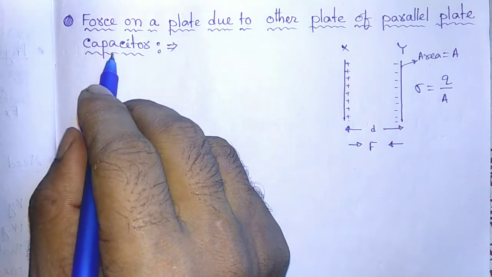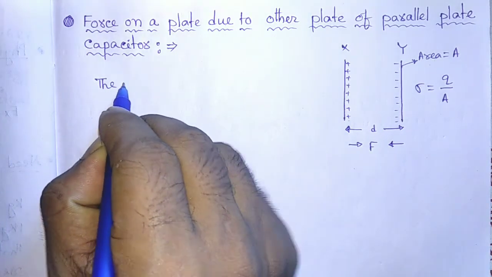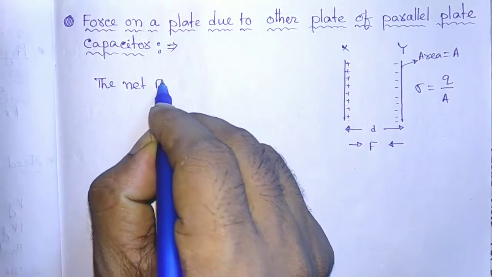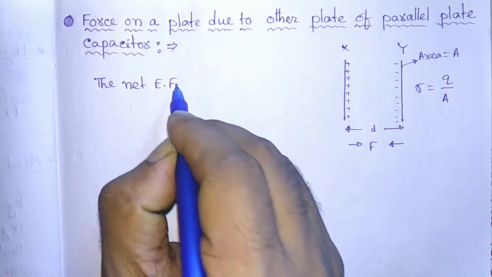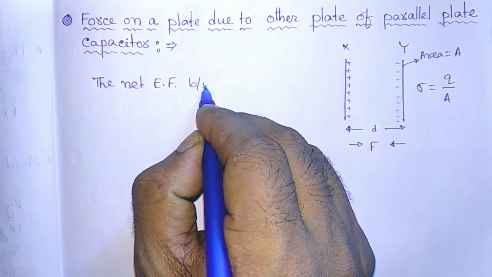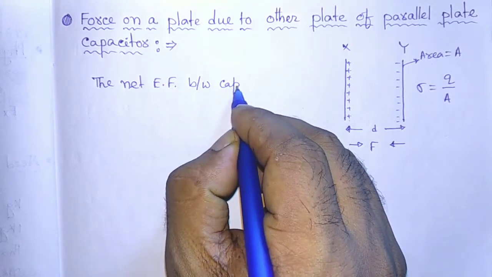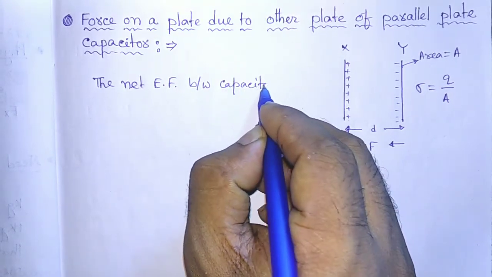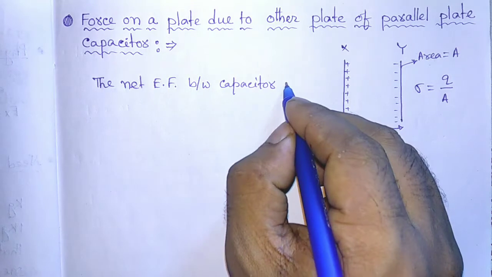Now let's see the net electric field, the electric field between the capacitor plates.